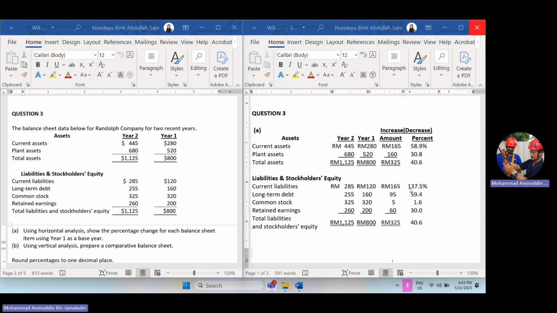If my current liability increased by almost 140% and current asset only by 60%, this company might have a big problem in cash management. They have a cash decrease. If you want to extend your analysis, you check their cash flow statement. It should be a negative value. If you keep having this negative, that's the end, you are going to borrow money. You have a higher loan.